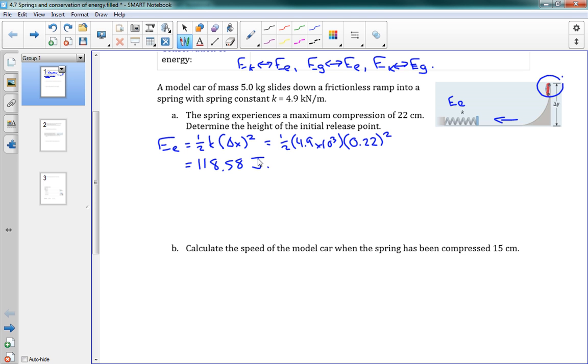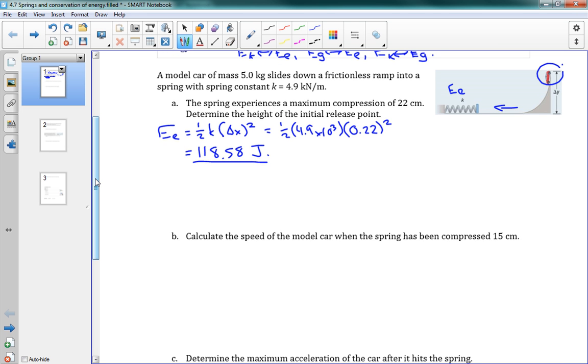Okay, so we have our initial energy. That's all the energy we have to work with. And we convert that in the end, or sorry, that's not our initial. That's our final energy, and that comes initially from our gravitational energy, sorry, at the start. So we can figure out our Eg is going to equal mg delta y.